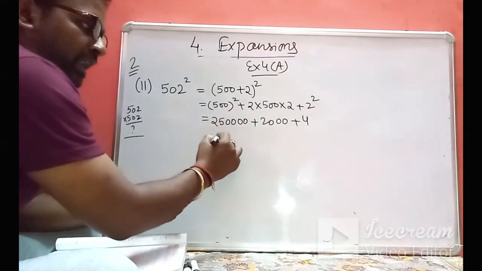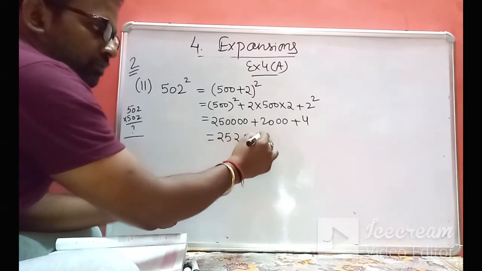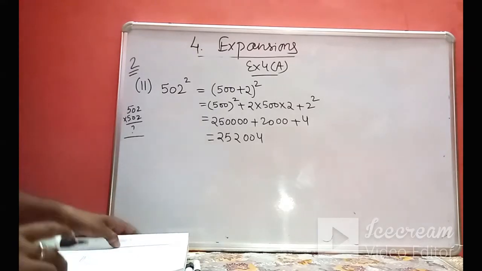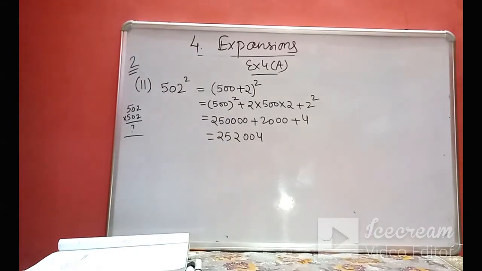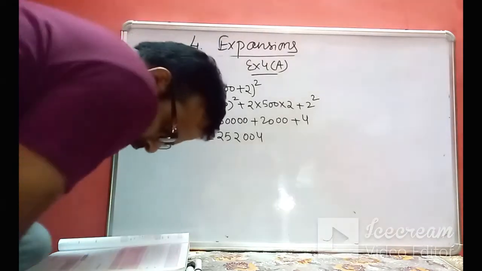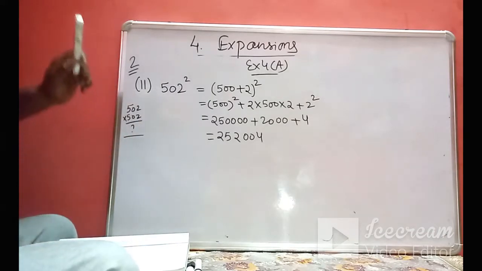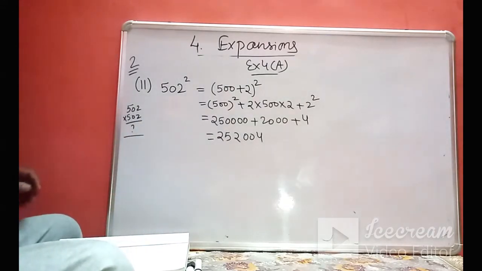So now when you add, you will get 252004. Okay children, so this is how we can calculate the square of 502 by using the identities.